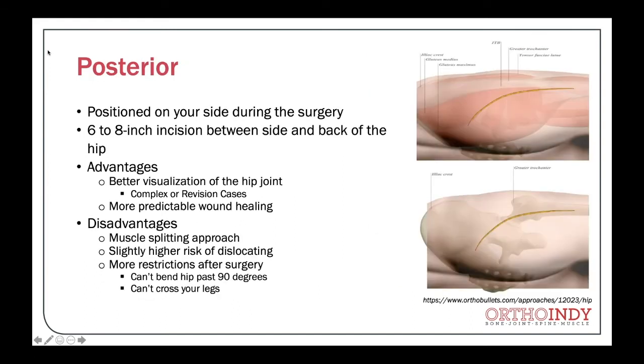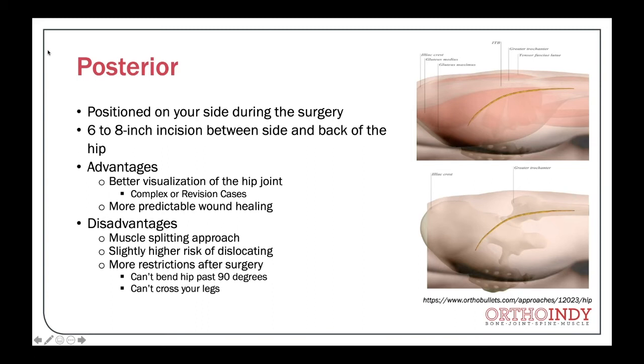With the posterior approach, this is a little different in that you're positioned on your side typically during the surgery. The incision is roughly 6 to 8 inches, and this occurs generally between the side of your hip and the back side, kind of splitting the difference between the two. Advantages of this approach: it allows for better visualization of the hip joint.